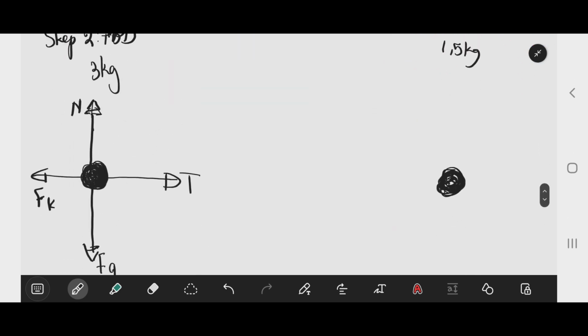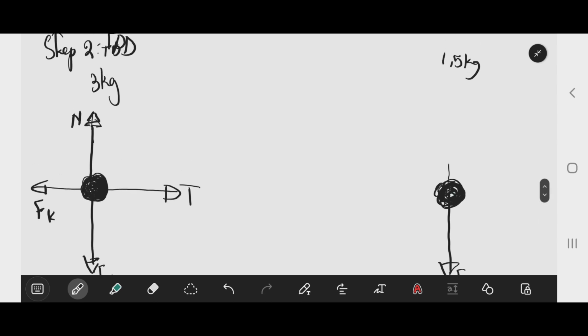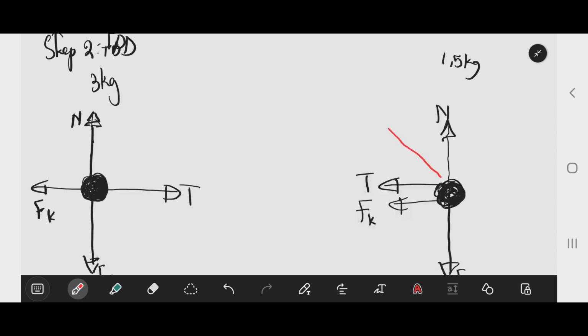Now I will indicate all those forces that I've just discussed in this free body diagram. I said we have weight, which is downwards always, and I have my normal force, which is upward, right? And then I have my tension, which is pulling back the object, and I also have my friction, which is opposing the direction. Okay, and now we also have the applied force. Remember, the applied force is applied in that direction, which is 30 degrees from the horizontal.